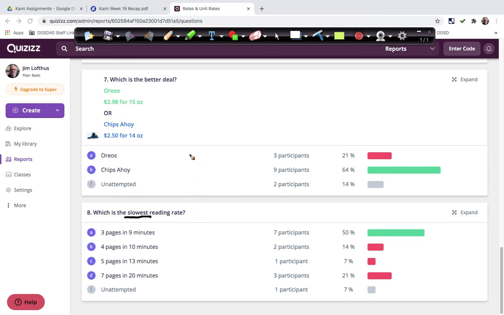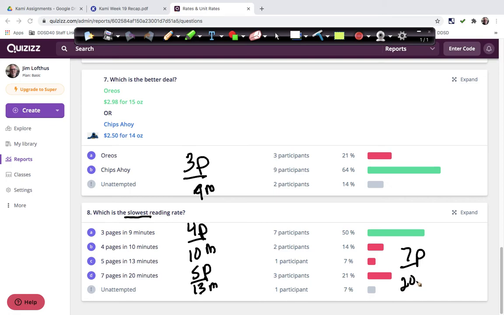So this is 3 pages for 9 minutes, and compare that to 4 pages in 10 minutes. Compare that to 5 pages in 13 minutes. And 7 pages in 20 minutes. So each of these, we're just going to do the numerator divided by the denominator.